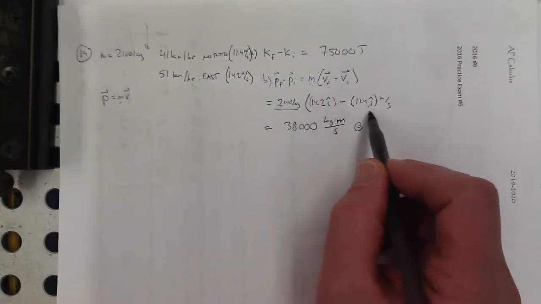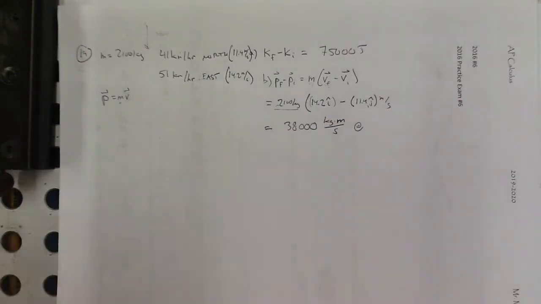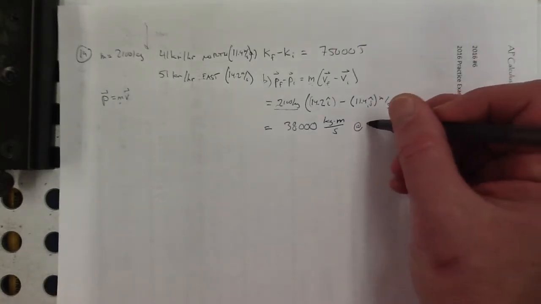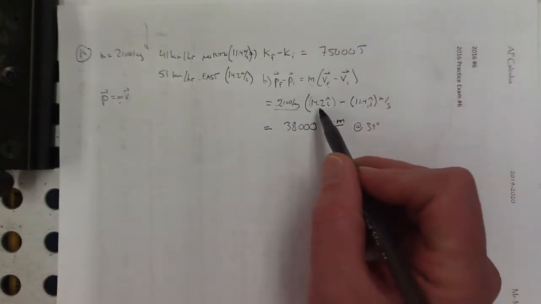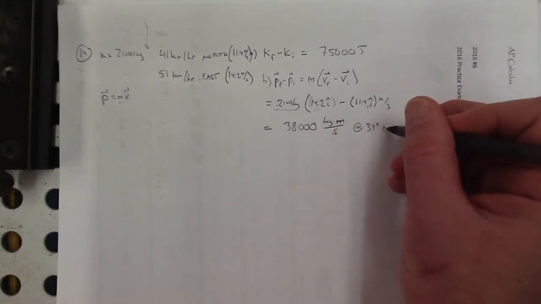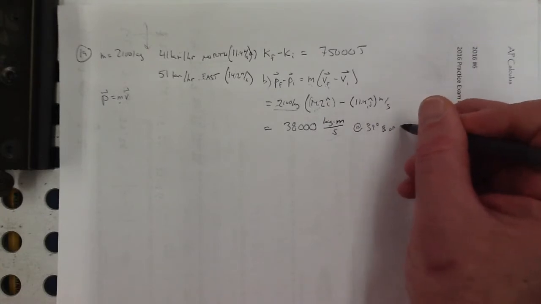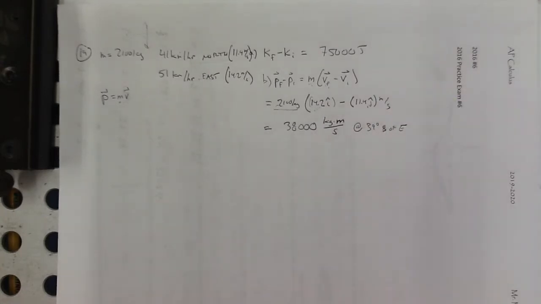So what else do we want? We want the direction also. So tangent inverse of rise over run, 11.4 over 14.2, is about 39 degrees, and that is going to be positive, negative, so I'll say, let's see, south of east, fourth quadrant.